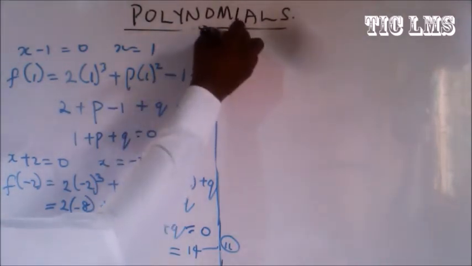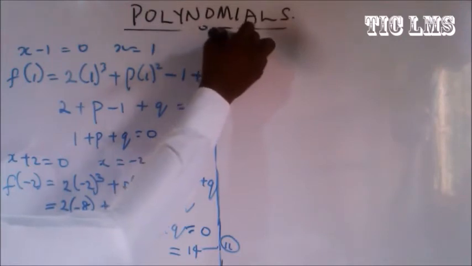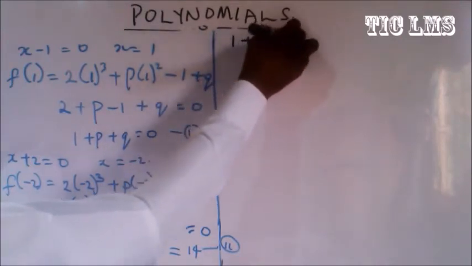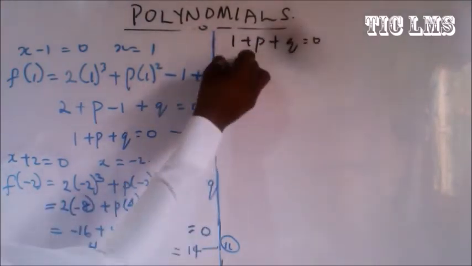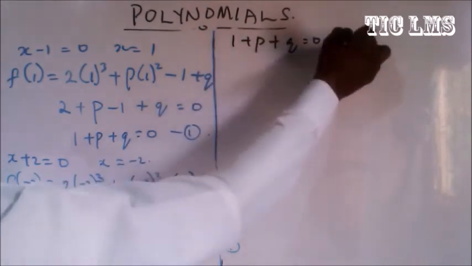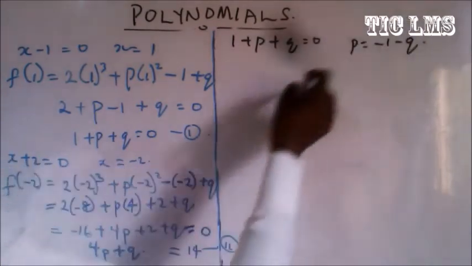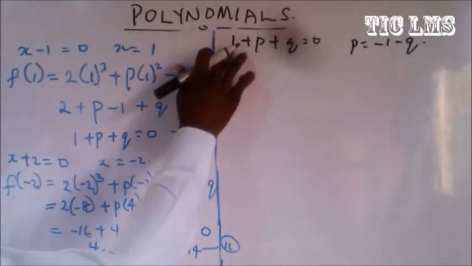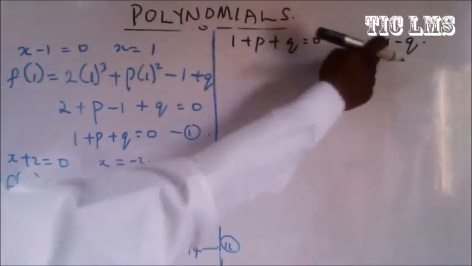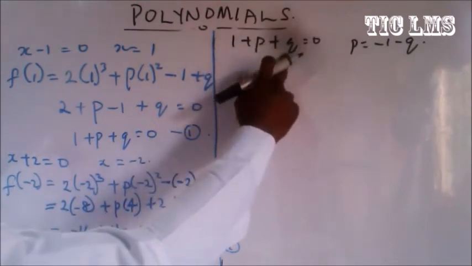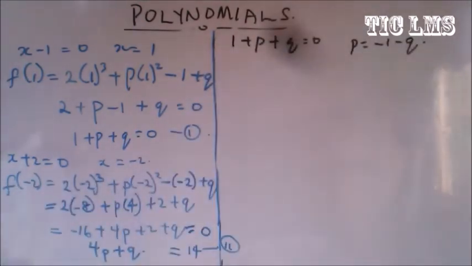Now let's say that from equation 1, where we have 1 plus p plus q equal to 0, we could say that p equal to minus 1 minus q. That is, we bring this plus 1 over to the other side, it becomes minus 1, and then this q goes to the other side, becomes minus q.